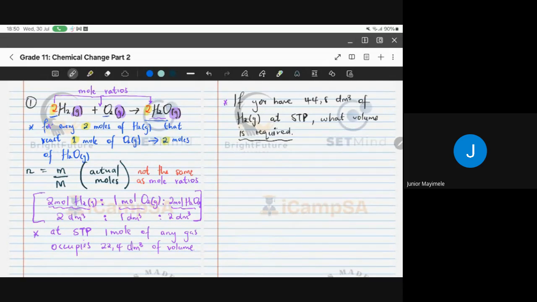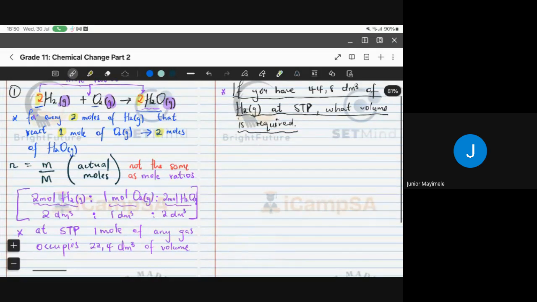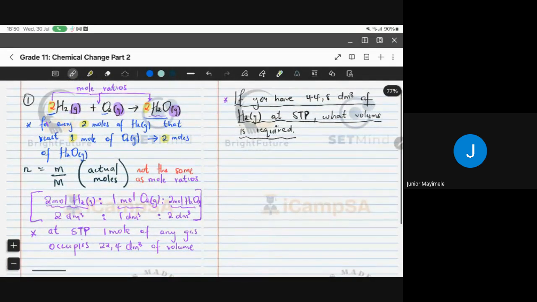So what this is saying is, for gases, especially at STP, as long as we know these mole ratios, we can also use them to find their respective volumes. Like in this case, our question is saying we have 44.8 cubic decimeters of hydrogen and it will react with oxygen, right?